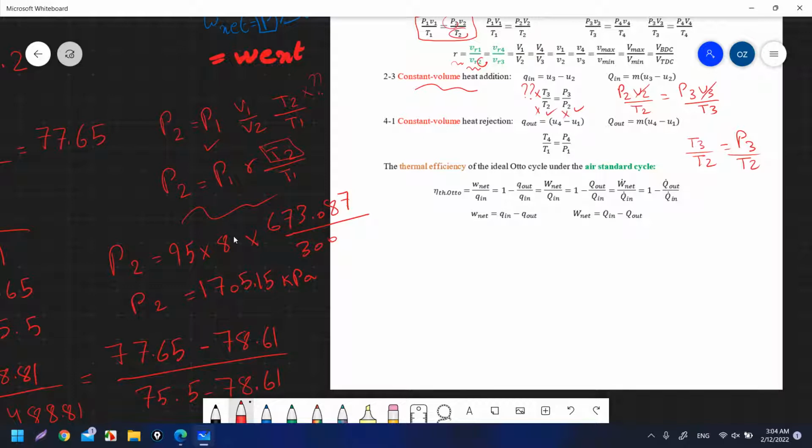Okay, now I got P2, I got T2. I still want T3 and P3 in part A, but before we find the pressure, we have to find the temperature. So how can I find the temperature? Why did I get U2 in the question? Because if I know U2 and I have Qn, I can find U3, right? Then from U3, I will go to table A17 and find T3.